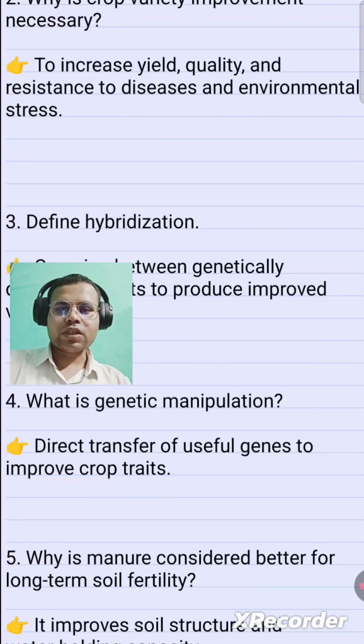Why is crop variety improvement necessary? To increase yield, quality, and resistance to diseases and environmental stress.